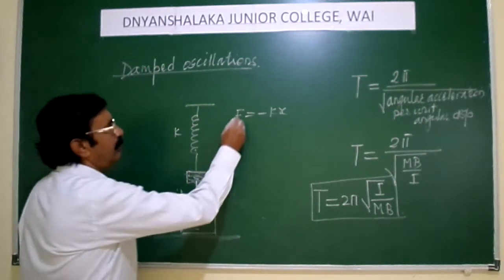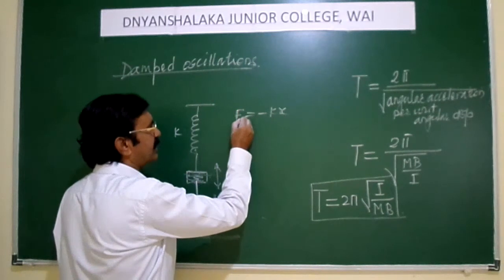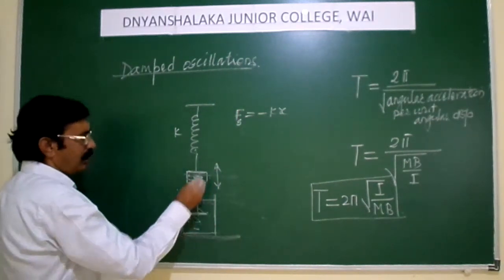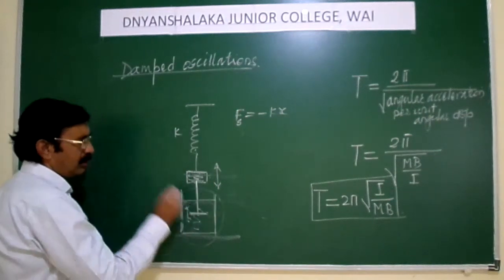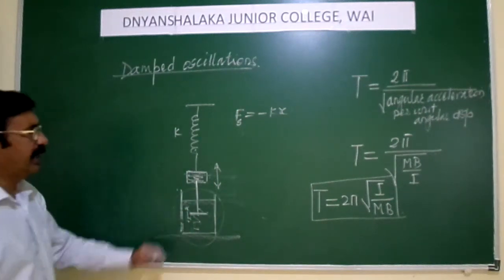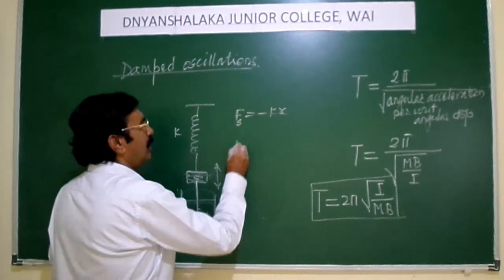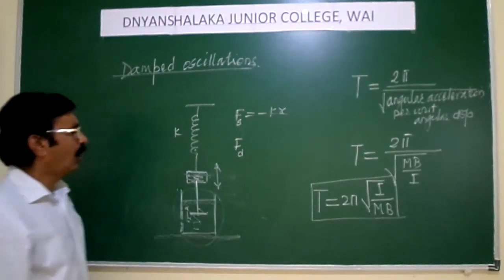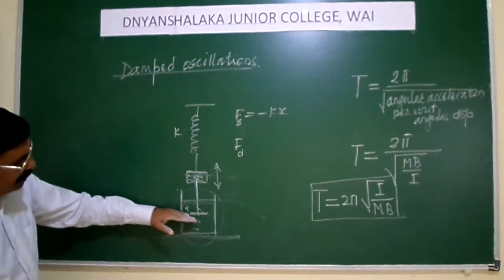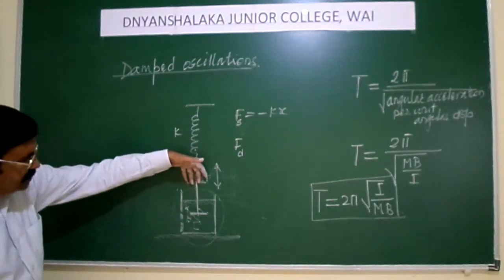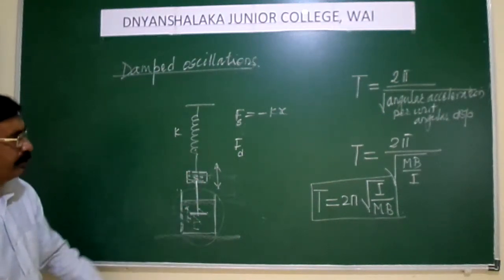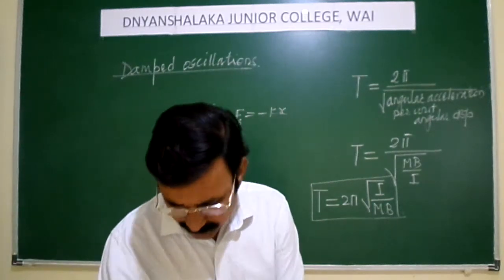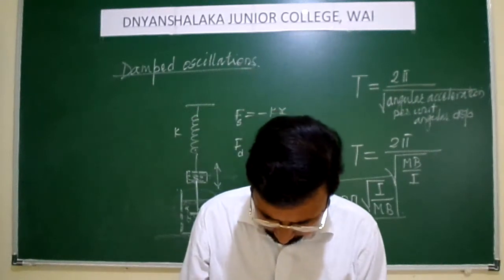Now here we consider this force acting on the body without the damping solution as Fs. Force acting on the system when we are having this immersed in the liquid is Fd, and this force is called a damping force.